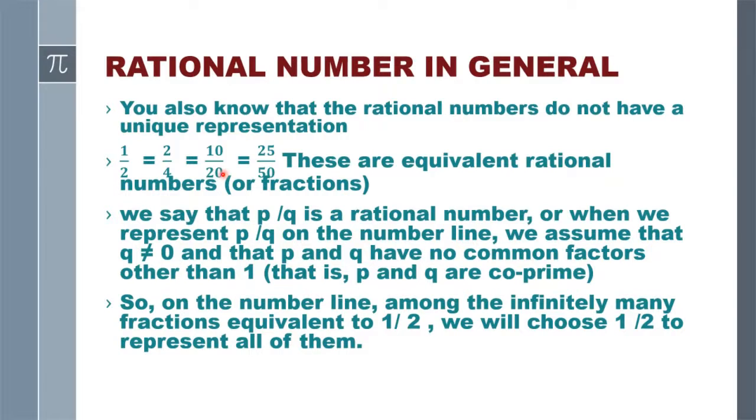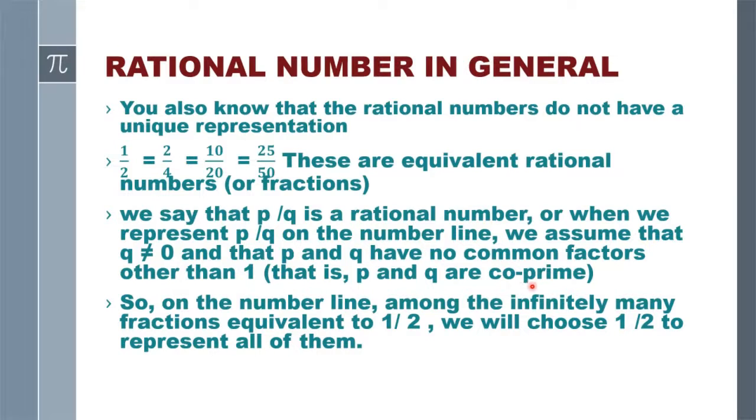In half, 1 and 2 are co-prime numbers, whereas in 10 and 20 they are not co-prime numbers. So whenever we represent a rational number in general, we use numbers in numerator and denominator which do not have a common factor other than 1. That is, P and Q are co-prime.